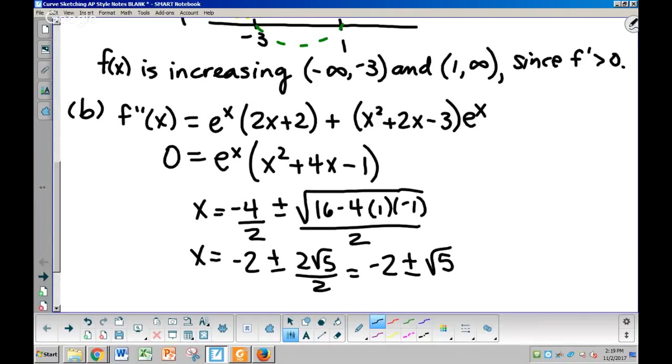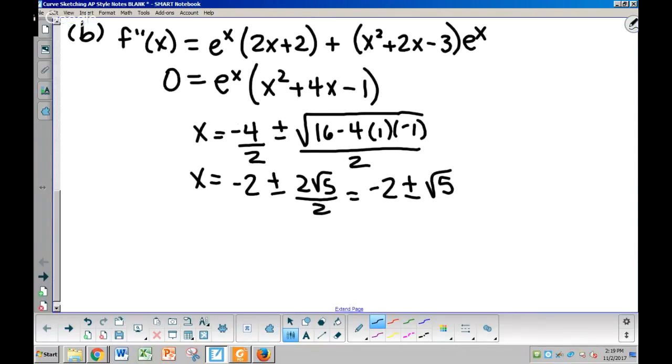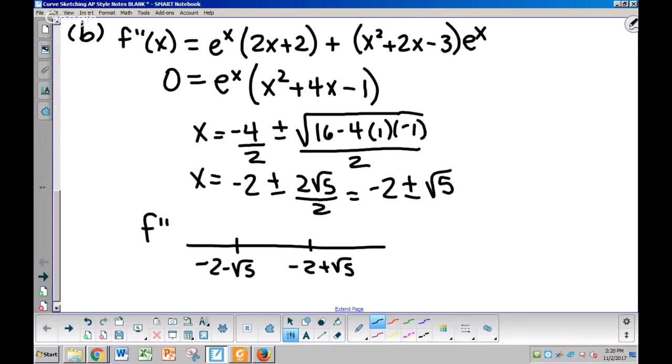Cool. Now let's do our sign chart for f double prime, because in order to have an inflection point, we have to have a sign change in the second derivative. So I have no idea what the value is of negative 2 minus root 5, so I'm just going to put that on my sign chart. And then negative 2 plus root 5. And those are the zeros of the second derivative. And how does this e to the x look? E to the x is always positive, never zero.